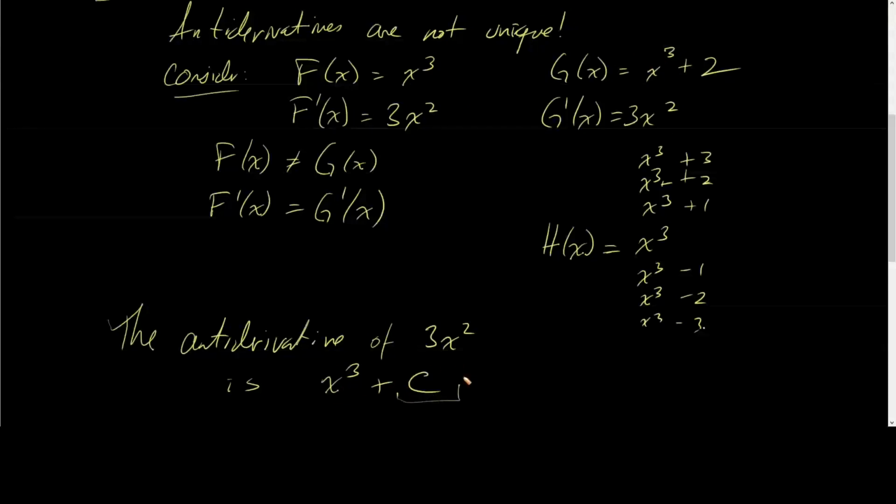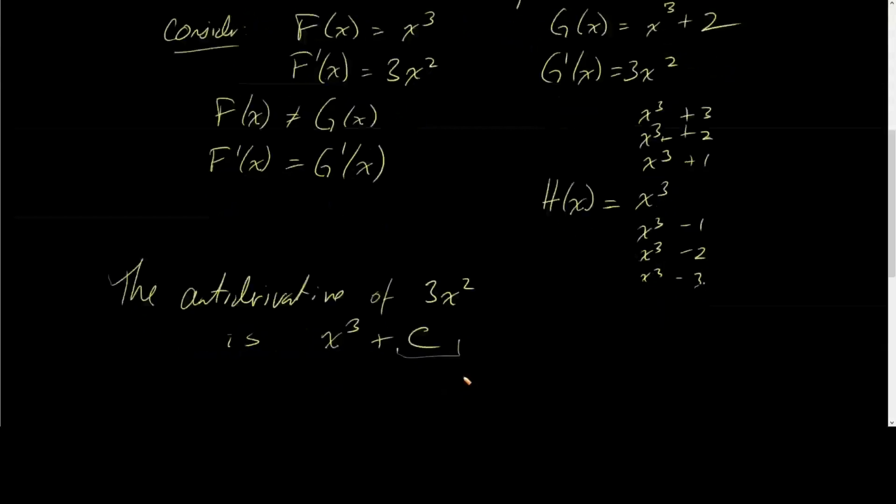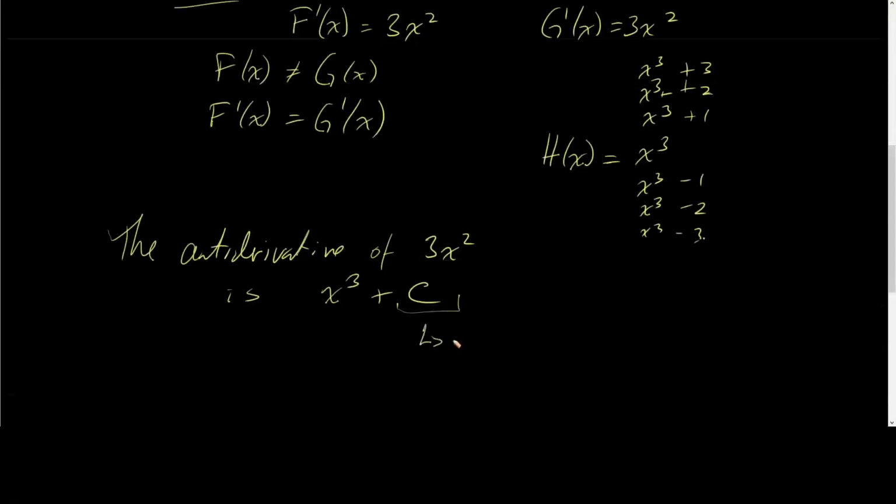That c there is called the constant of integration. We'll talk about that a little more later too. But again, for the antiderivative of this function, we had all these options. This c represents all of those possible constants.